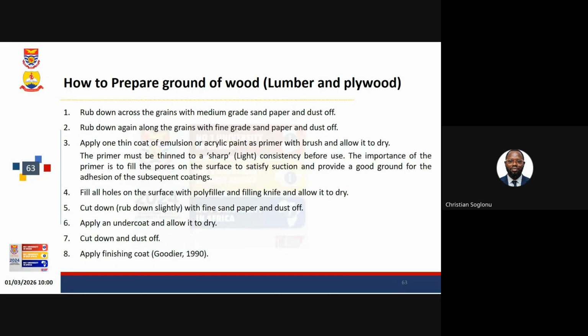So after filling with the polyfiller, you use a fine sandpaper to sand the surface and get rid of any bumpy stuff from the polyfiller. Then you smoothen it down neatly and clean the surface with a rag to dust it off. The sixth point says apply an undercoat and allow it to dry.